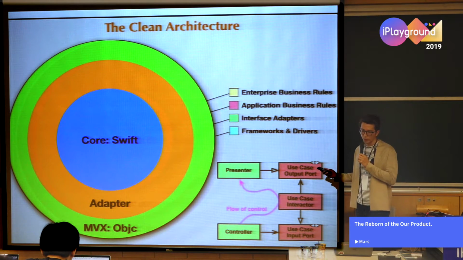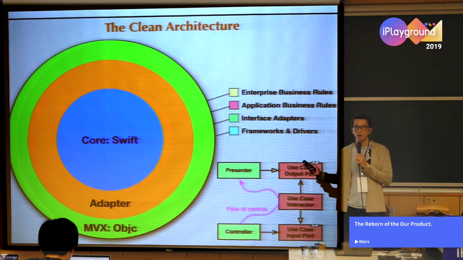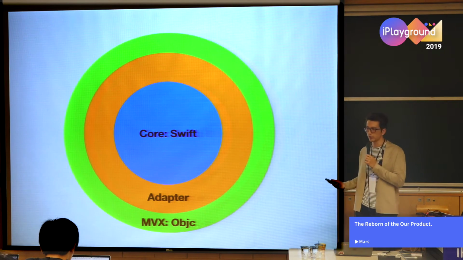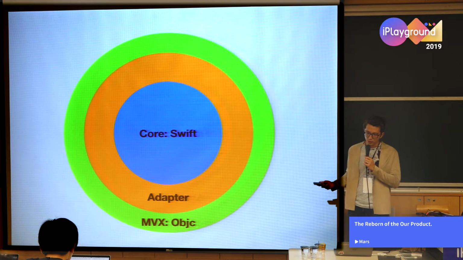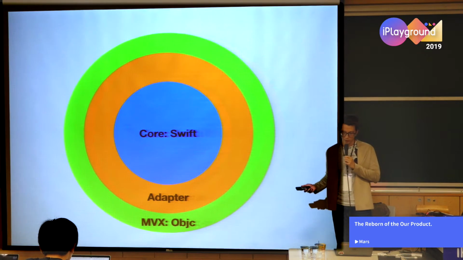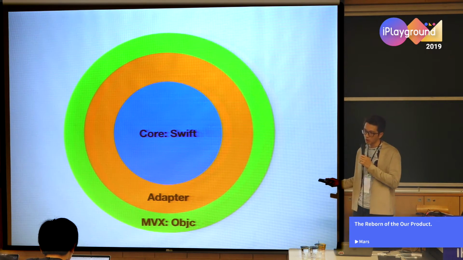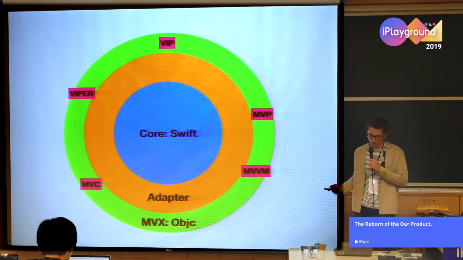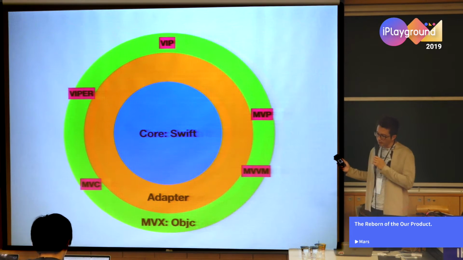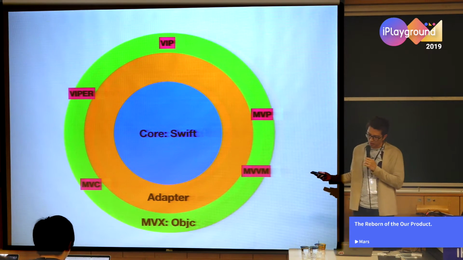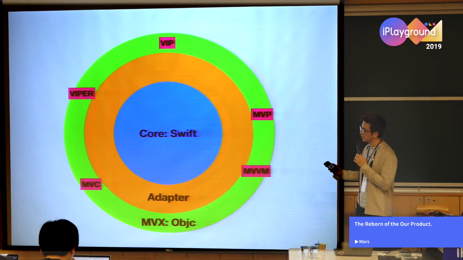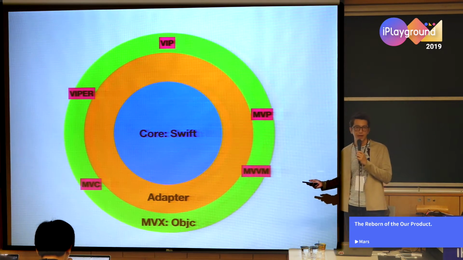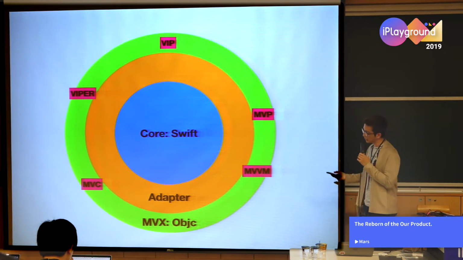So, what's the way to choose the best architecture? Unfortunately, we still cannot use only one architecture to solve all of the situations. But all of the MVX design patterns could fit into the clean architecture, even in the hybrid code base, for each use case.